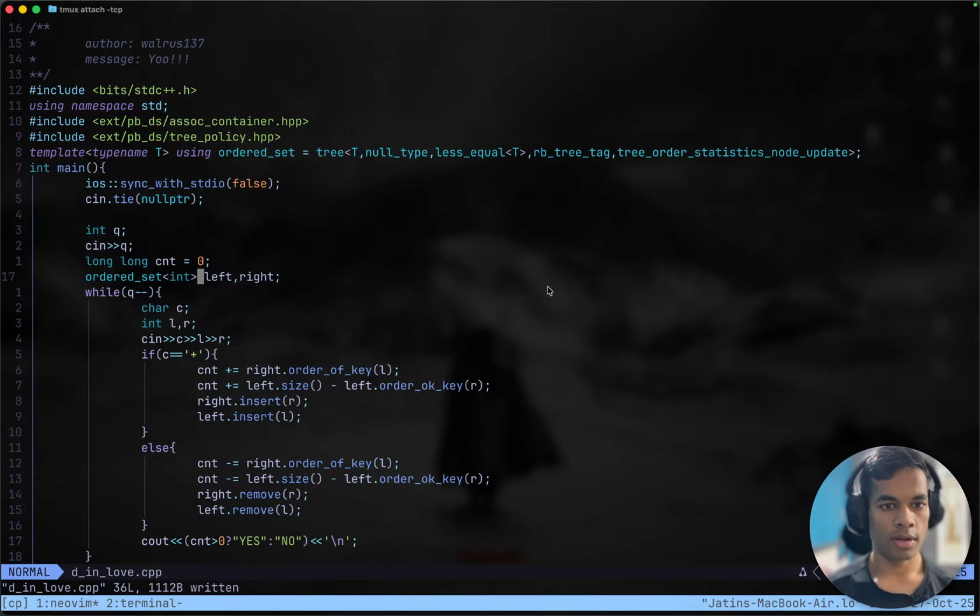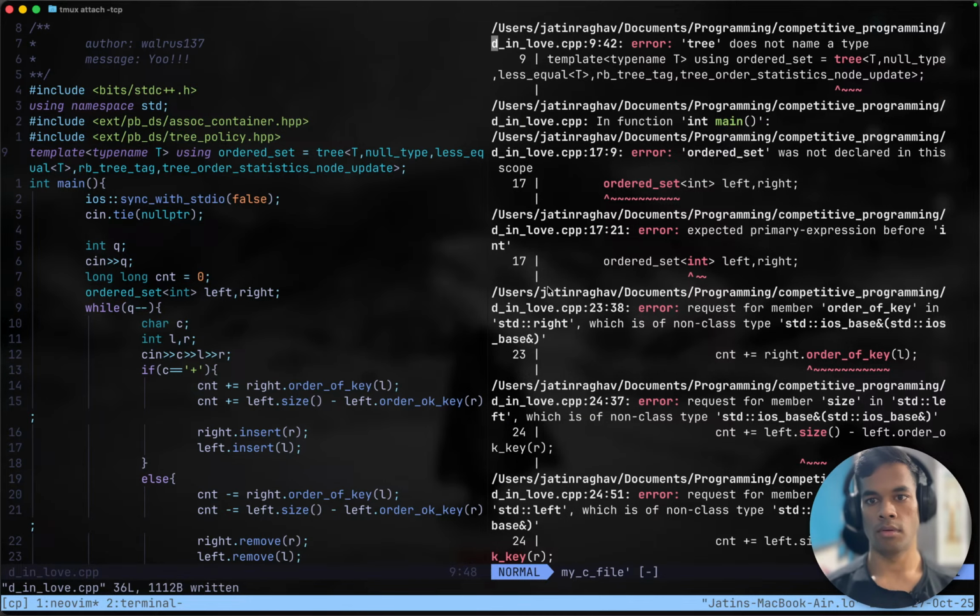Okay, I am giving an integer, so this should be working. Tree null type. Tree does not map to a type.